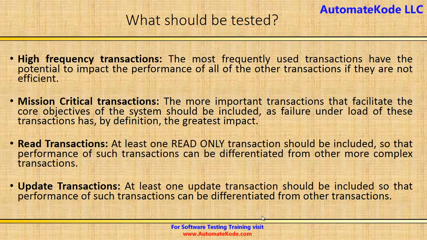Many people taste it. Now you must test that transaction, because it affects more customers and it might slow down other processes. So you must keep those high frequency transactions in mind.